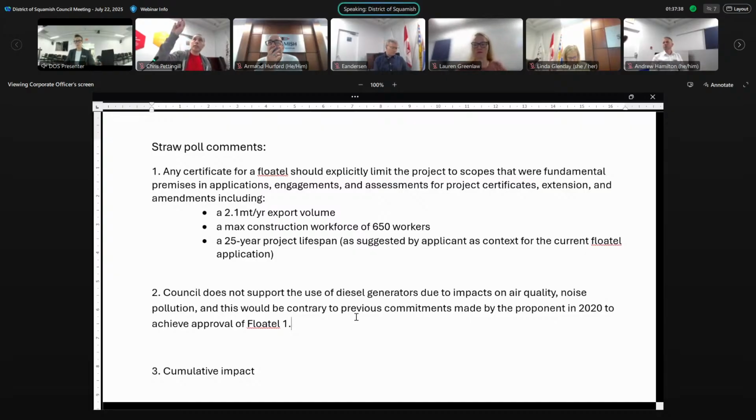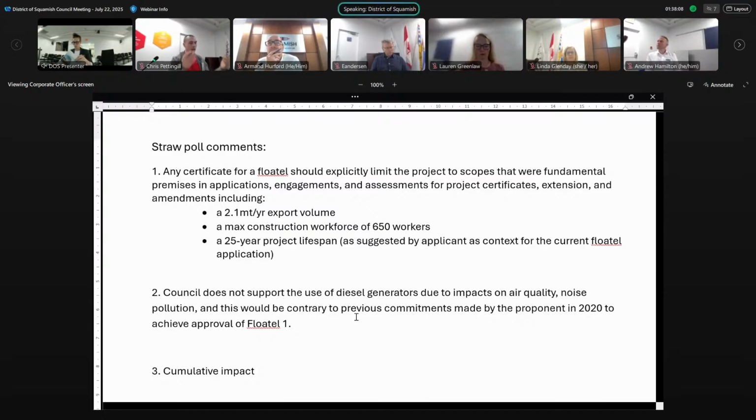I would concede that the Floatel number 2 application does talk about more than 650 numbers, but there's no analysis other than around the boat itself, like the housing form, in terms of the impact of a double construction. There's no analysis, no mitigations, none of that. So if that's what we're talking about, we should have an assessment and a discussion about that. That's why this is here.